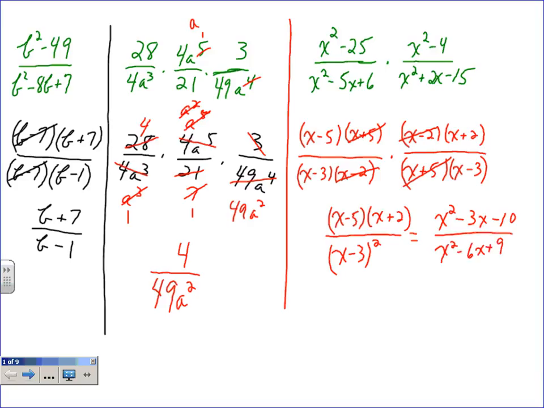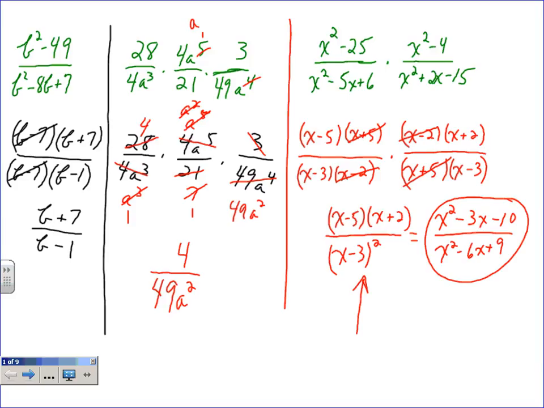It's going to actually multiply that out. If you're checking answers in the back of the book, that's the answer in the back of the book. But I don't care if you leave your answer this way. Just understand that they're both the same. Okay?